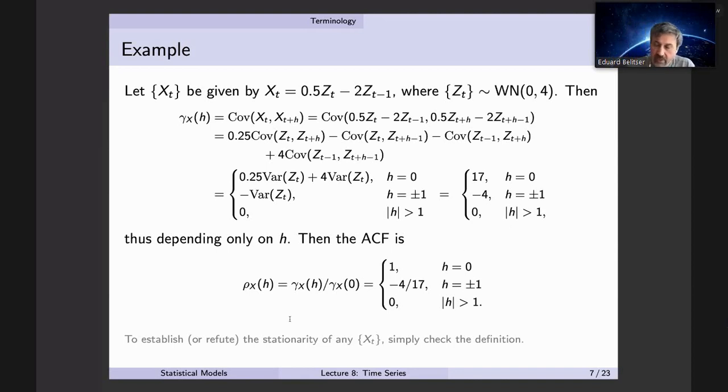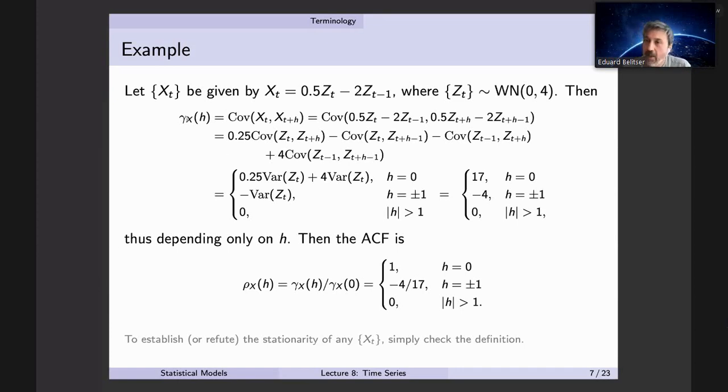Okay, so this is a classical question on the exam. It will come again and again. You're given a certain time series, and you're asked, is it stationary or not? And you just need to check these 2 properties: the expectation of xt is equal to something constant, and the covariance function depends only on h and not on t.